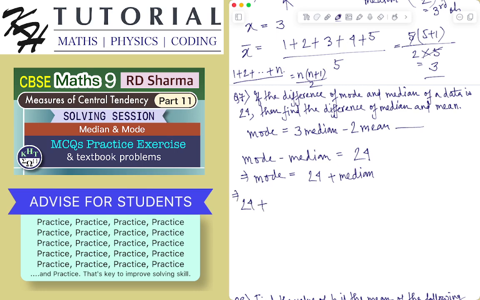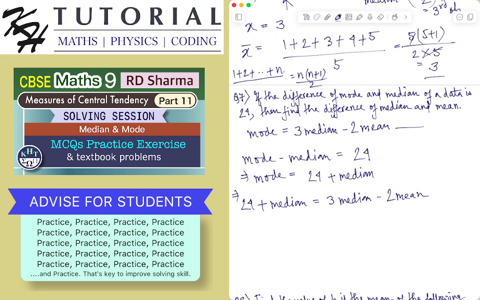I get 24 plus median is equal to 3 times median minus 2 times mean. We have to find the difference between median and mean.